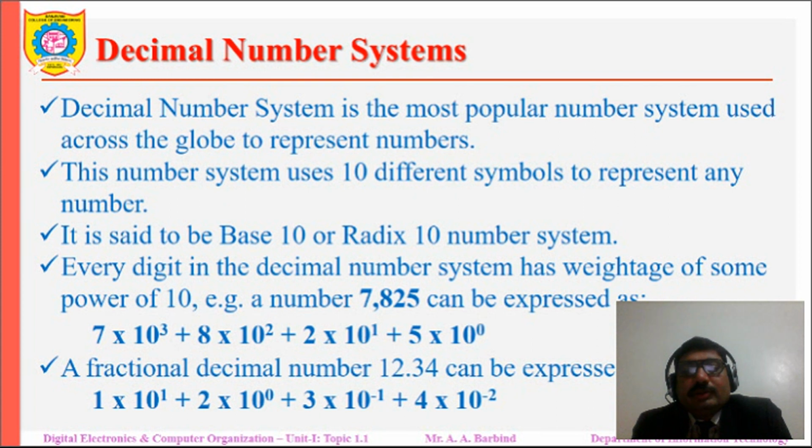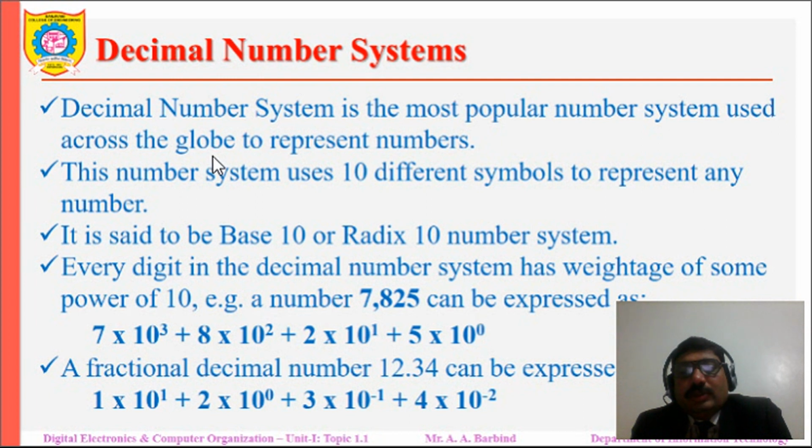Let us first discuss the decimal number system. Decimal number system is the most popular number system used across the globe to represent numbers. For example, if we go to the grocery shop, then we ask the shopkeeper to give 5 kg of sugar.